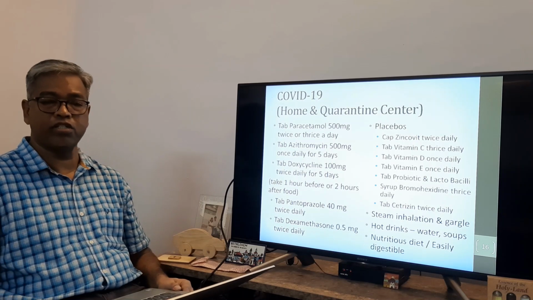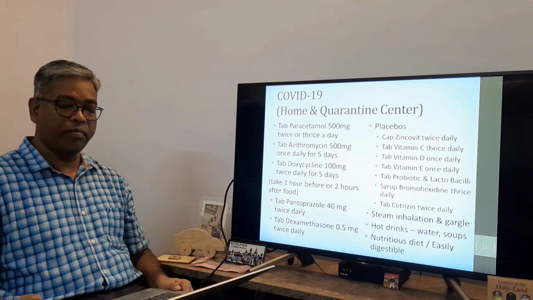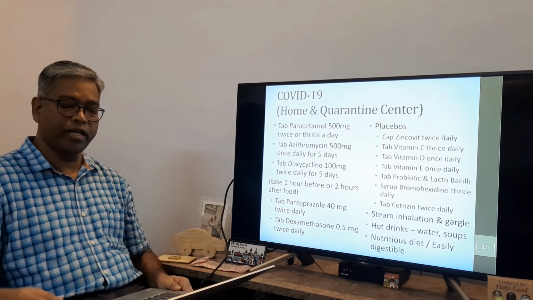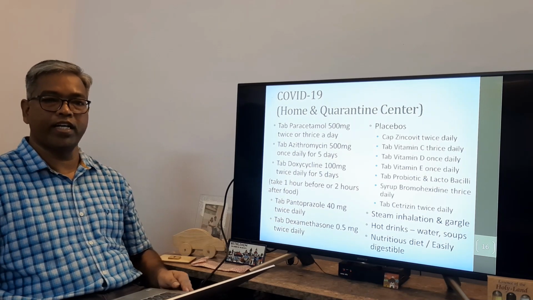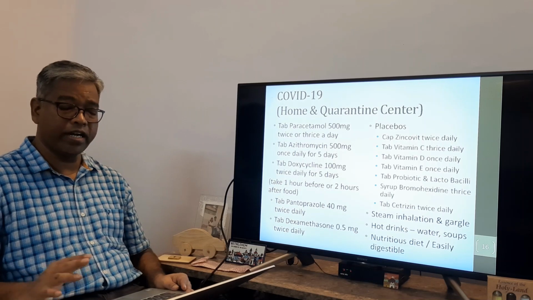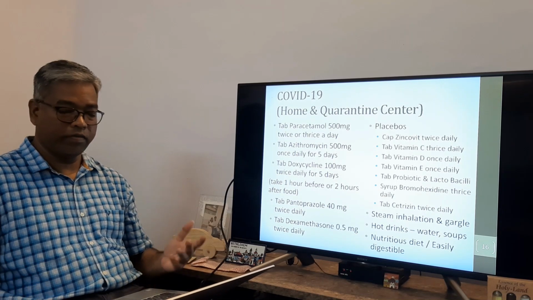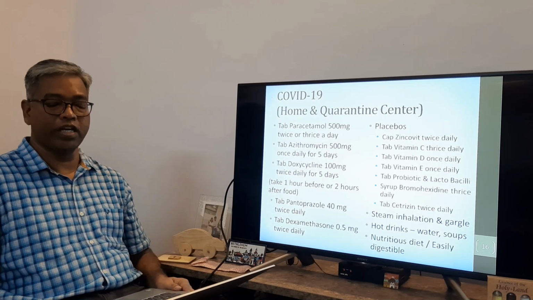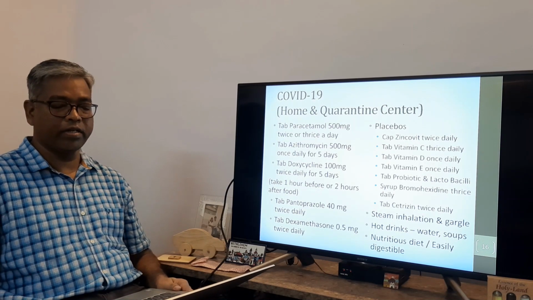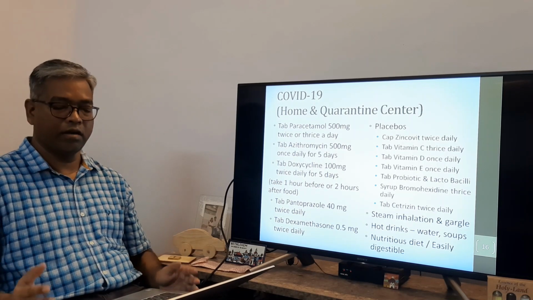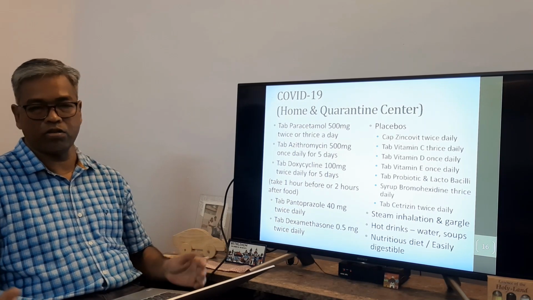Cipla makes it, which is called Cofdex, but I saw many shops were not having it, and lots of people got back to me saying that Cofdex is not available. But this is a very nice thing which contains bromhexine, and one can try that to relieve the cough. And of course tablet cetirizine, which is an antihistamine, might also help.